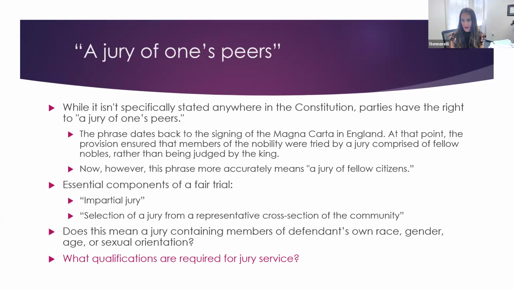If I was filing a case, it doesn't mean that I'm going to get another woman or another person who has my same job or another person who is a mom, right? Doesn't mean that we're guaranteed anyone on our jury who shares any of our characteristics. But it does mean that the venire has to be drawn from a random representative cross-section of the community.